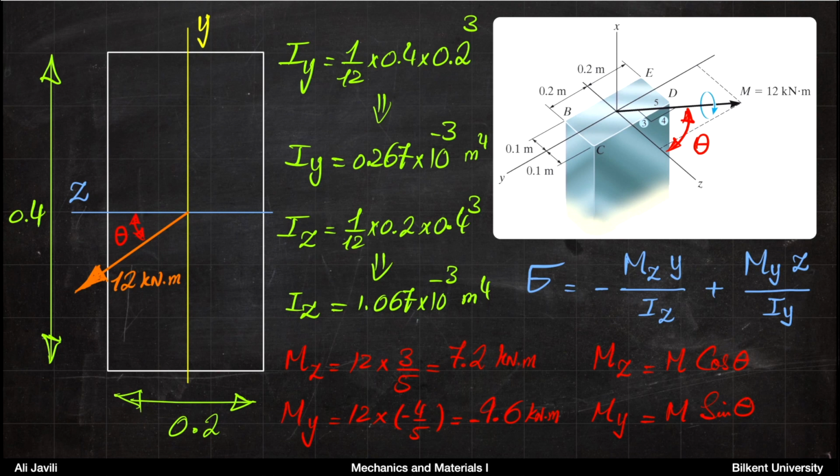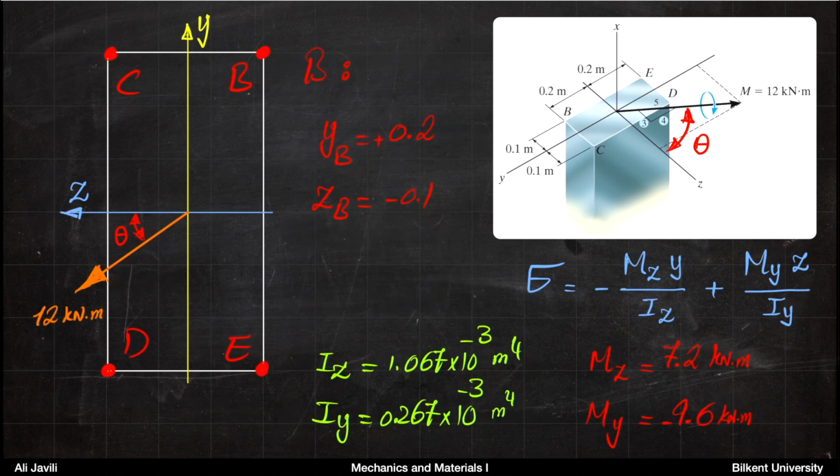Okay, so at this point, we have all these ingredients from the flexure formula. All you have to do is to insert the coordinates. So you have already Iz, Mz here, and you have Iy, My, and then inserting the coordinates of each corner, you would calculate the stress for each corner.